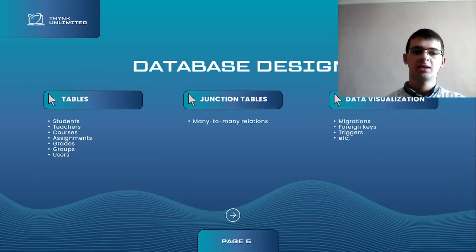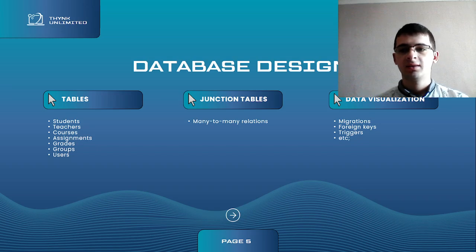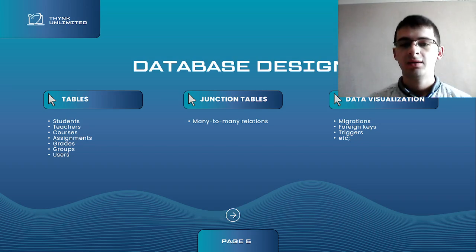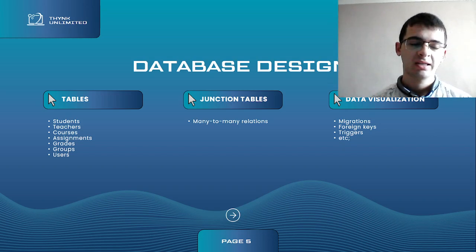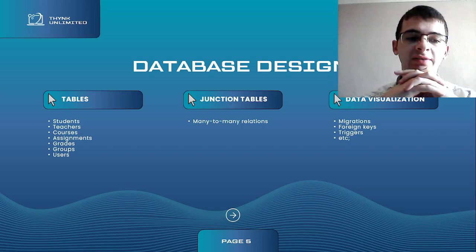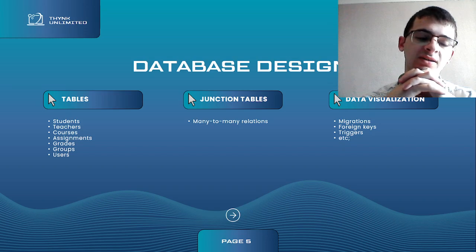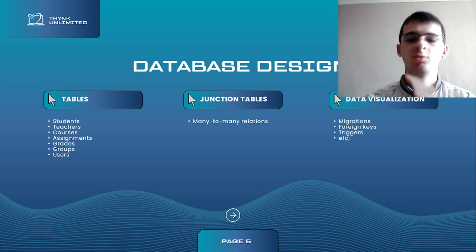The database itself had lots of tables, really a big number of tables. The ones listed on the left are students, teachers, courses, assignments, and so on. Not all of them, and these are only the basic ones.